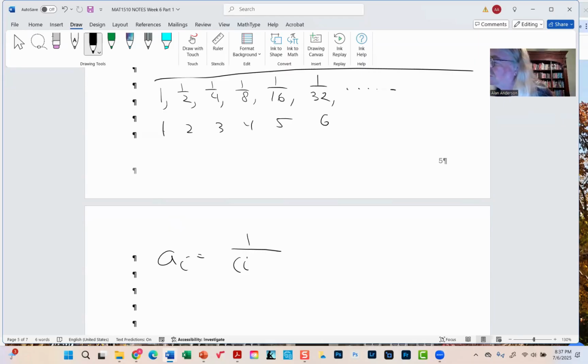Oh, wait, I know what the problem is. Okay, I think we got it here. Oh, sorry, that's not supposed to be n. That's supposed to be an i. I think we're looking good now.